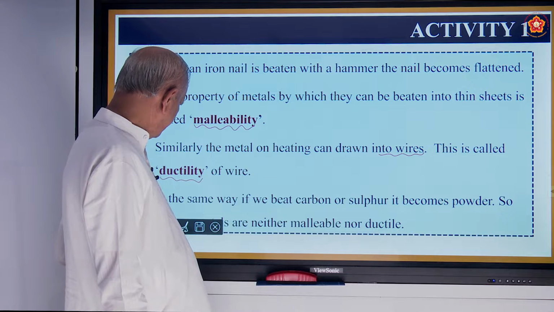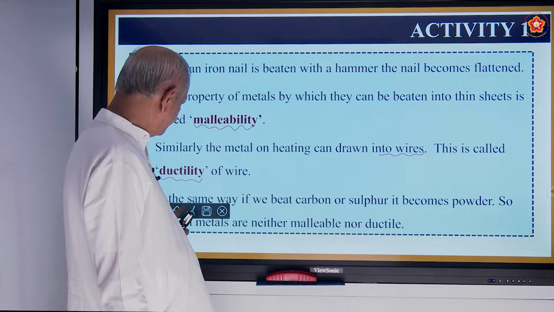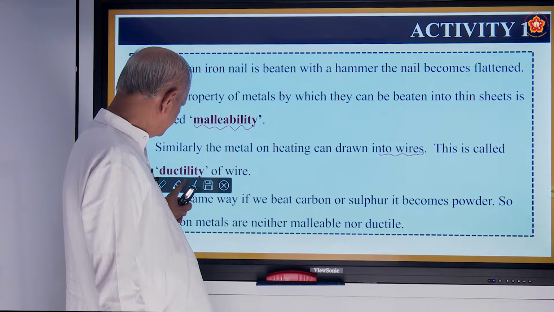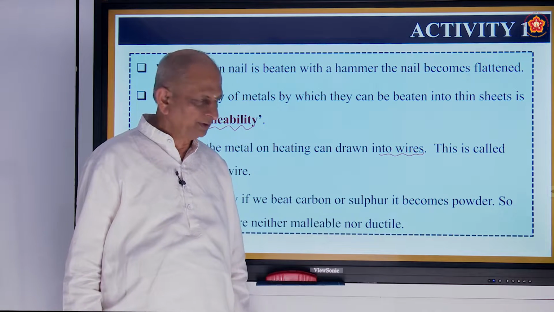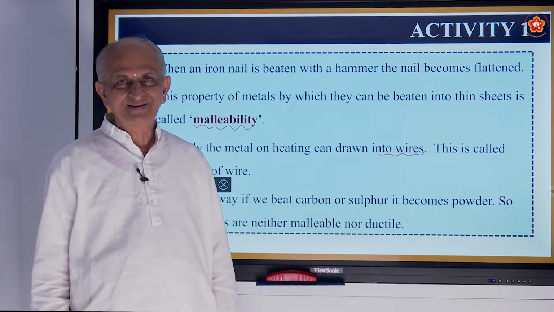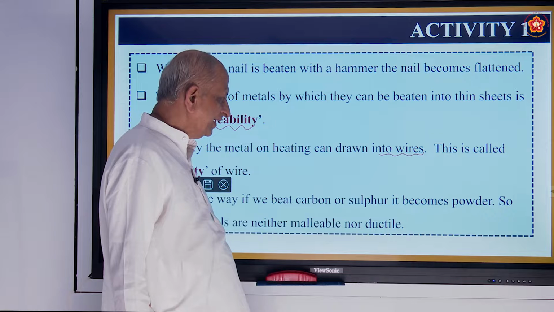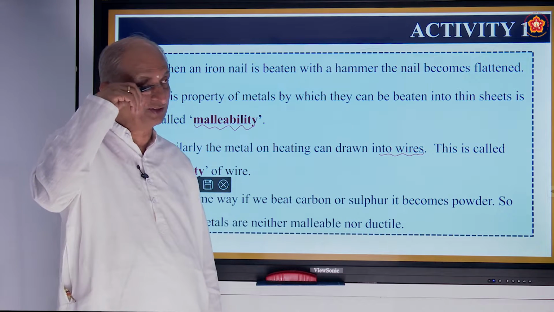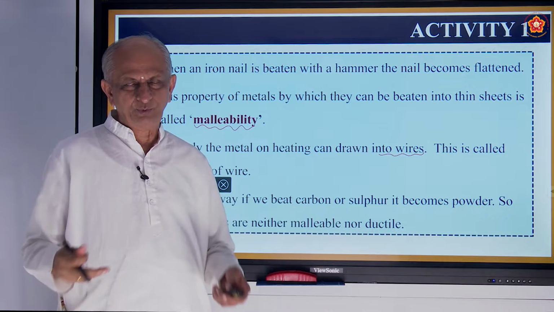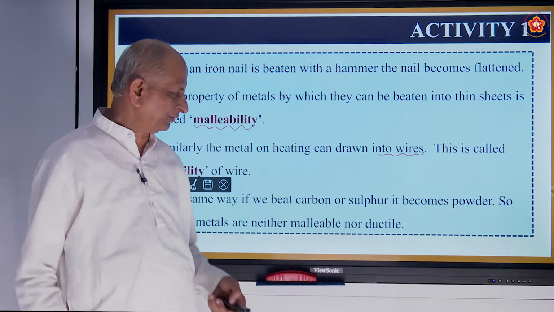The same way, if you beat carbon or sulfur, what are carbon and sulfur? They are non-metals. It becomes powder. For example, charcoal, if you take in your house, you get charcoal. After burning a wood, you get what is called charcoal.